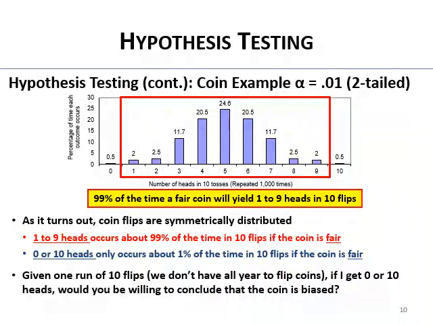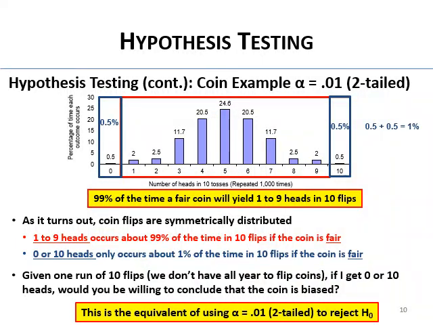So if I got 0 or 10 heads in my 10 flips, would you be willing to conclude that my coin is biased? Hopefully you say, yeah, that's really unlikely to occur. Well, that is the equivalent. It turns out 0.5 and 0.5 is 1%, the equivalent of an alpha of 0.01, two-tailed, rejecting the null.